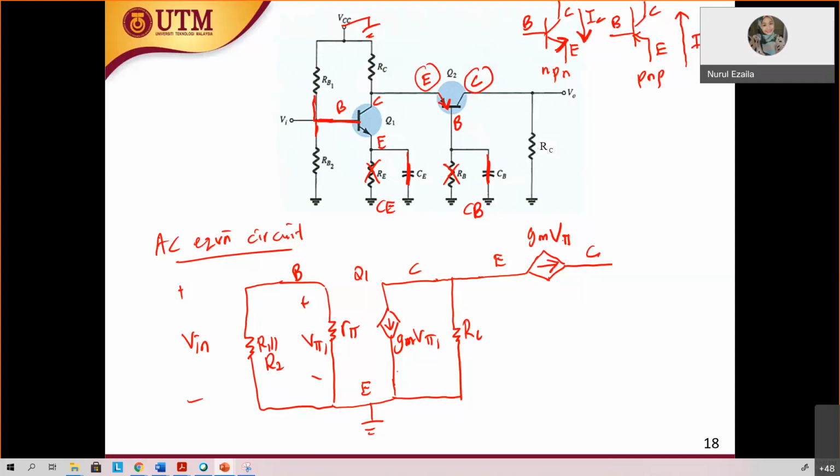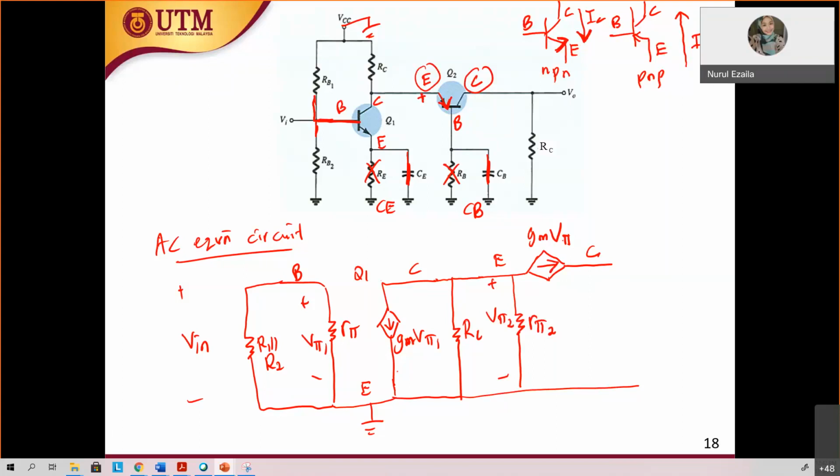At the emitter you have R pi 2. Since it is PNP, plus is at the emitter, therefore plus minus V pi 2, like that. What else do you have?